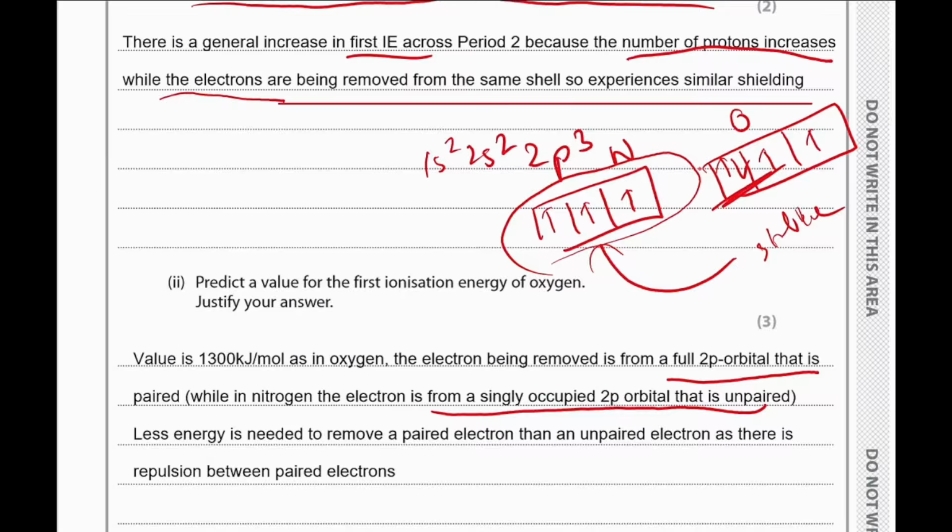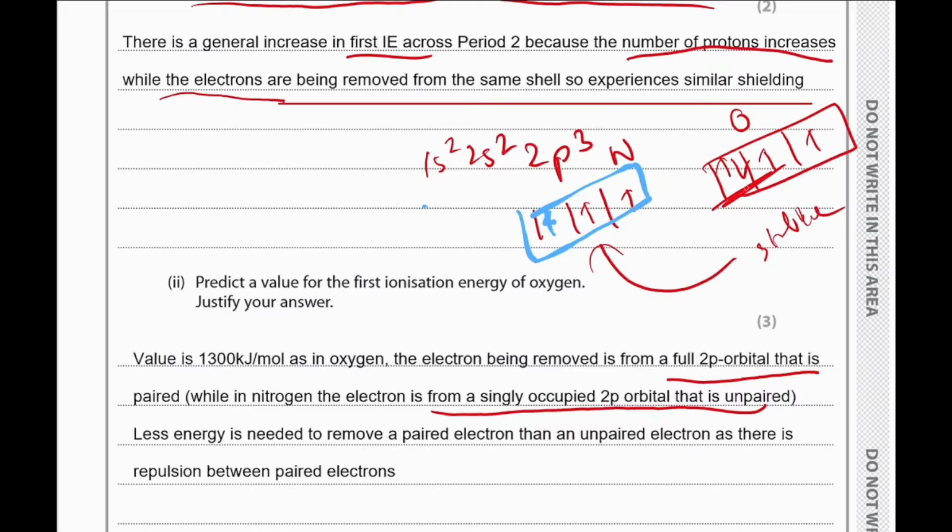But whenever another electron is introduced, right here, the instability increases, or in other words the stability decreases, since the electron in the paired state tends to experience repulsion. That is what happens in oxygen, where there is one more electron compared to nitrogen.